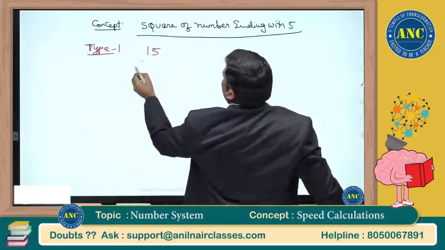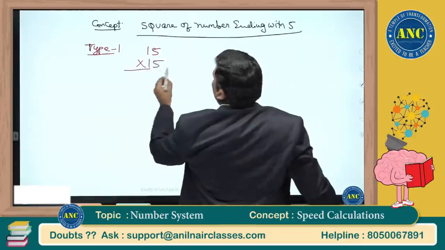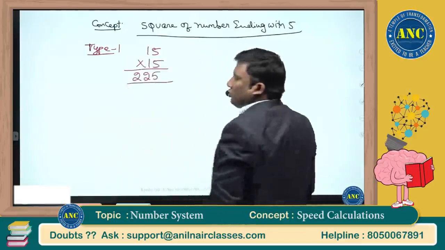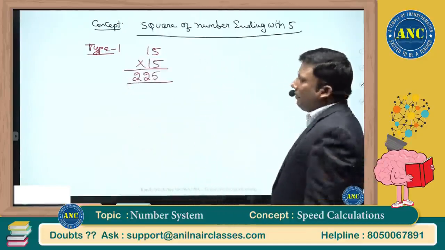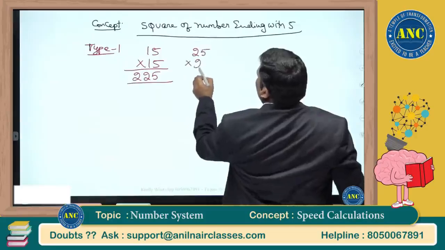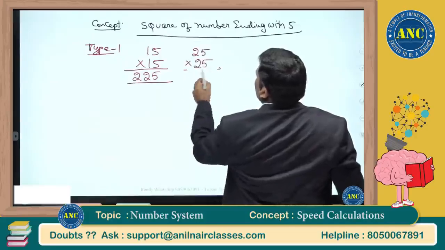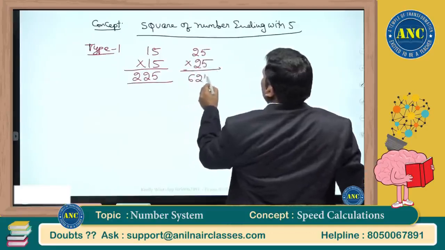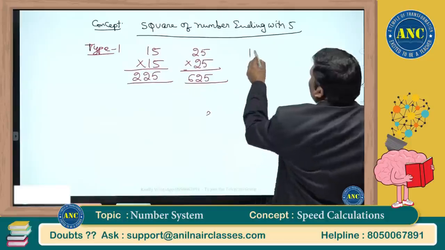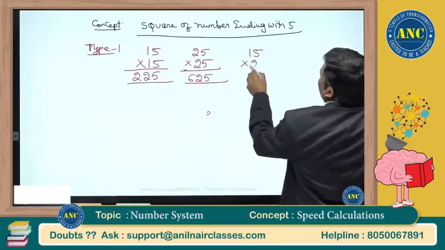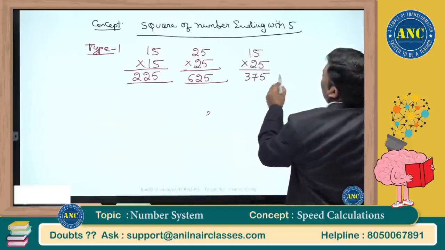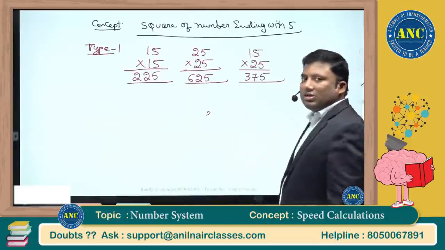Suppose 15 into 15 is 225. 25 into 25 is 625. 15 into 25 is 375.